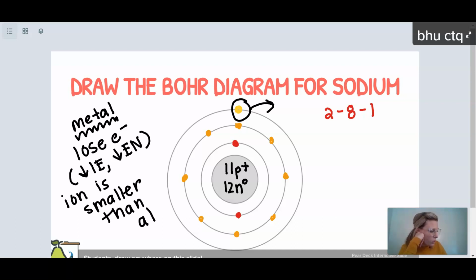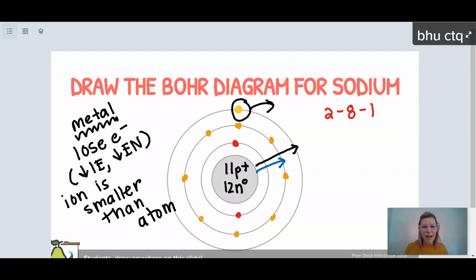And that is really what we're going to be mostly interested in this unit, the ion formation, not the atoms as much, because again, when we're talking about forming bonds, we're typically going to be talking about ions. So it's going to be smaller than the atom. It loses that full valence shell. The atomic radius was this, but our ionic radius in blue is now just going to be this, so it is going to be smaller, okay?